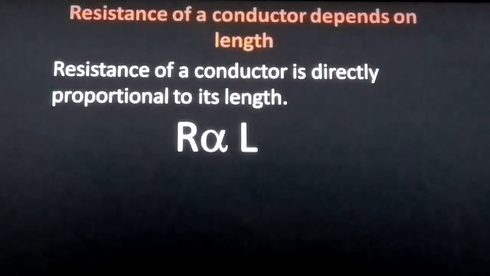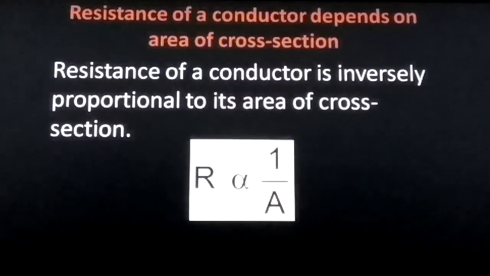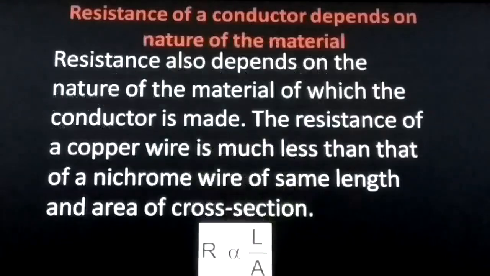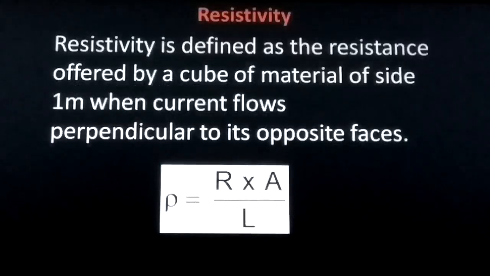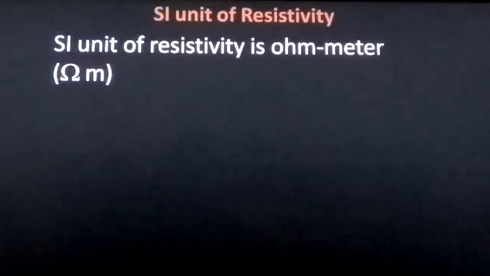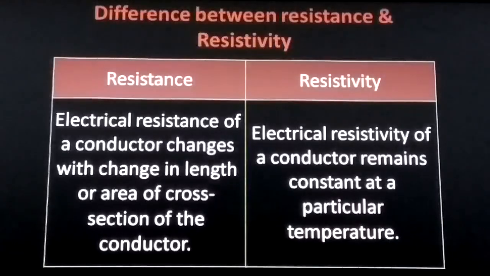So it is directly proportional to the length, and inversely proportional to the area of cross section, and also depends on the nature of the material. So definition of the resistivity, SI unit of resistivity, resistance and the resistivity.